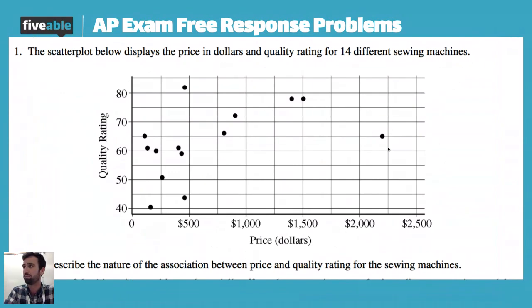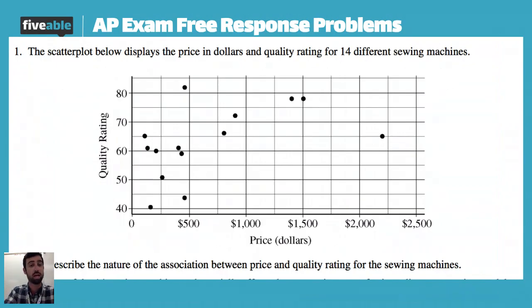This point out here doesn't follow the general pattern. So something's going on. In this case, it's a really expensive sewing machine that doesn't have that great of a rating. We would expect, and we'll get into that next session, this rating to be a lot higher for this price. So it's unusual.